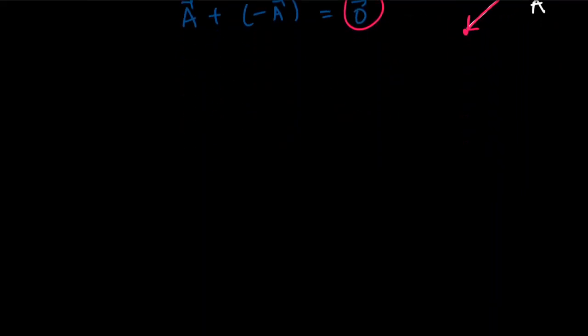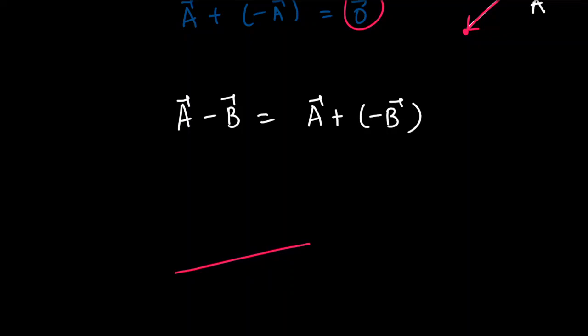So in a way, when you say vector A minus vector B, what you're actually meaning to say is vector A plus minus vector B. And that means that if given two vectors A and B, so if this is vector A and vector B lies here, then if you want to subtract these two vectors, the first thing that you would do is multiply this vector B by -1.